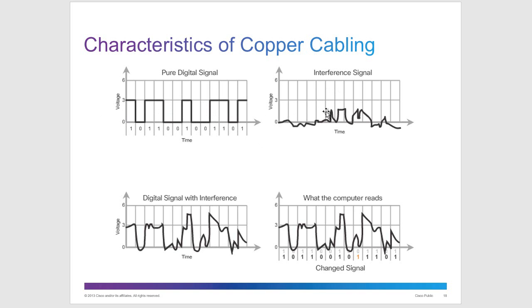This is actually what the interference is doing to the line itself. You mix those two together, you get something like this, and you're hoping that you don't have so much interference that one of these 1s turns into a 0 or a 0 turns into a 1, and the data you're sending across the network is corrupted, so to speak, or at least it's been altered. So what the computer reads is the interference plus the pure digital signal that you would see here.